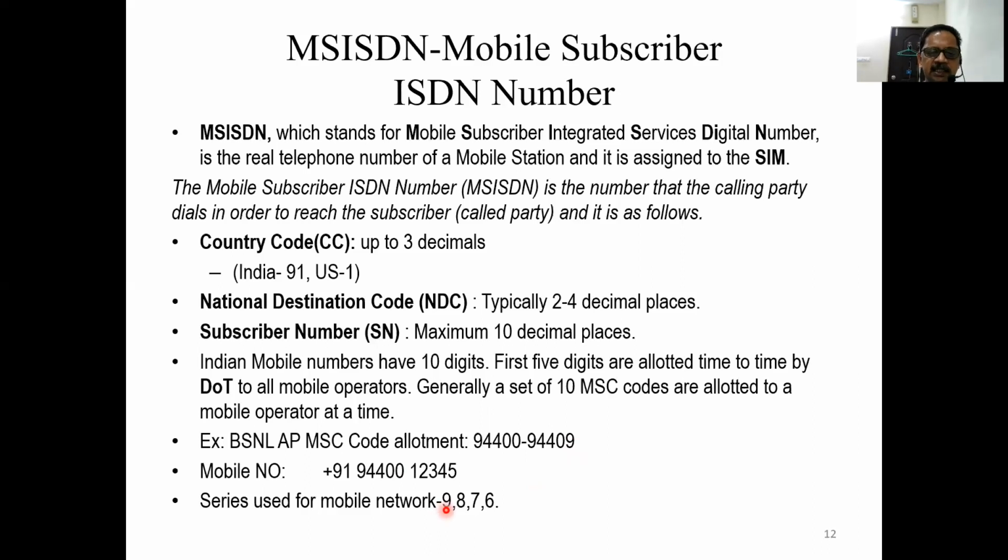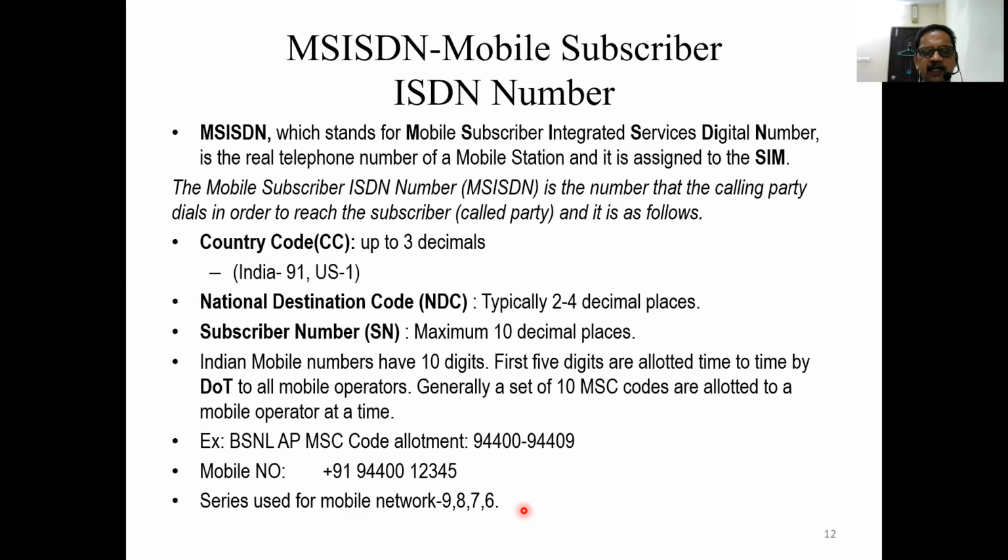At present in India, for mobile communication, first we started with 9 as the first digit. Then we started with 8, then 7, and now we are still using 6 also. Since it is a 10-digit number, each starting digit provides 100 crore mobile numbers.